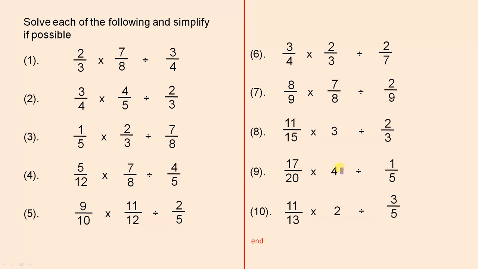When you're rewriting this one, just make that 4 over 1. That becomes a multiplication sign, and that becomes 5 over 1. And finally, this stays as a 2, because there's a multiplication sign in front of it, so that doesn't change. That changes to a multiplication sign, and that becomes 5 over 3.